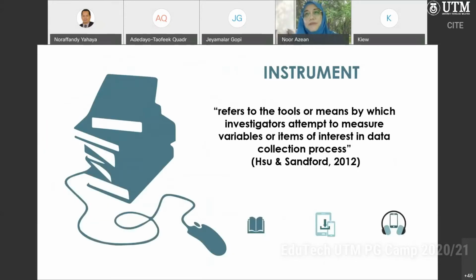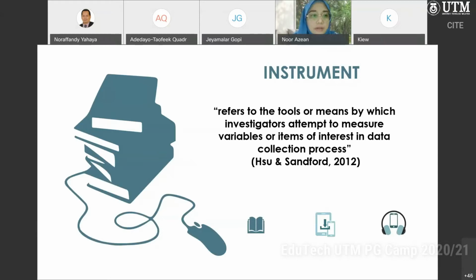Basically, an instrument refers to the tools or means by which investigators attempt to measure variables or items of interest in the data collection process. This is the instrument that you want to use. Based on my experience, sometimes people from other universities come to UTM or email me.